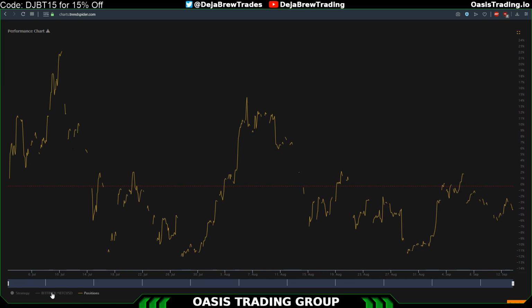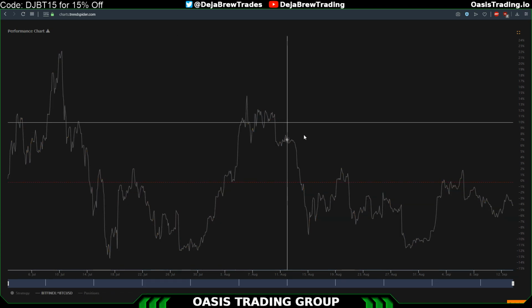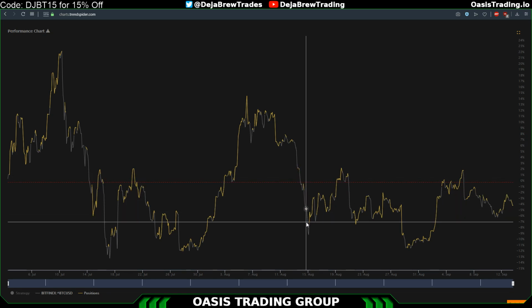So if we turn this off, we can see kind of this is where it was in a trade. The entire time it's highlighted, that is when our system is in a trade. So if we bring this back up, this is the overall buy and hold. This is when it's in a trade, and the non-shaded is when you're not in a trade.